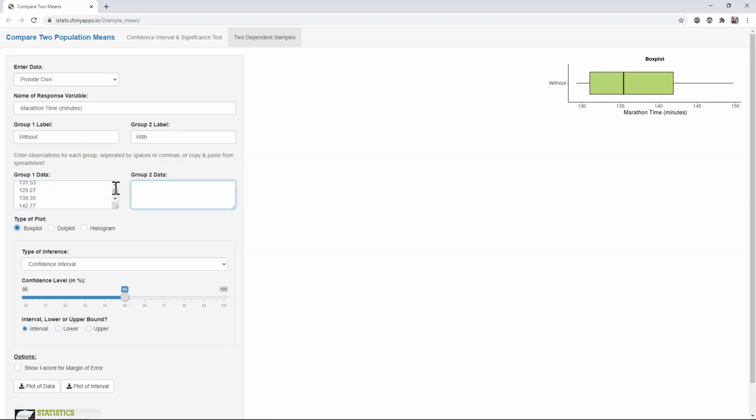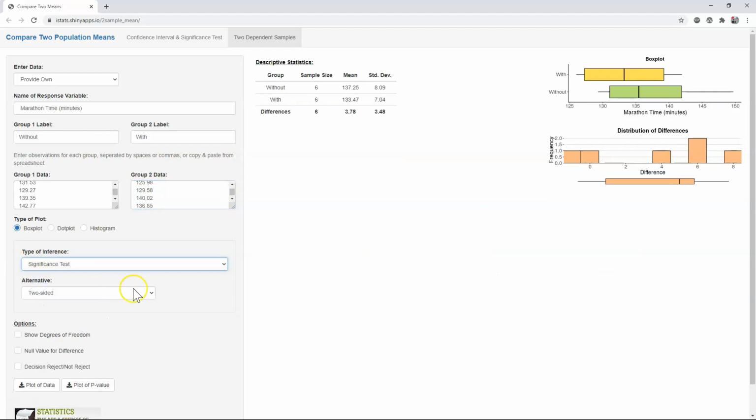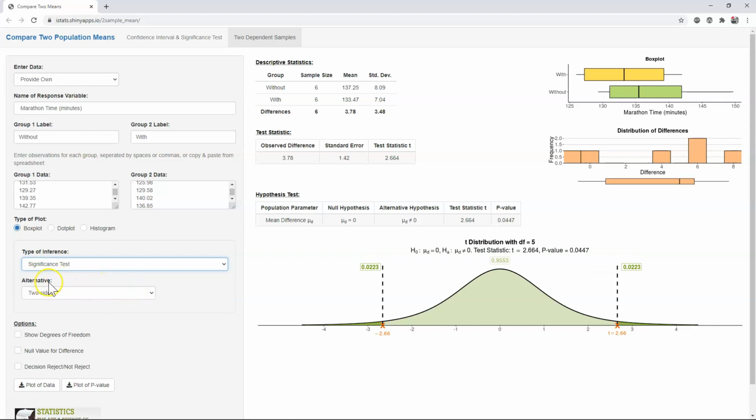And for the second one. And then finally, we want to run the test. So let's make sure we have the correct alternative here. Again, we are looking at a greater than symbol because we're trying to show that the second number is lower than the first, or the first number is higher than the second. And so now we get the results that we're looking for.